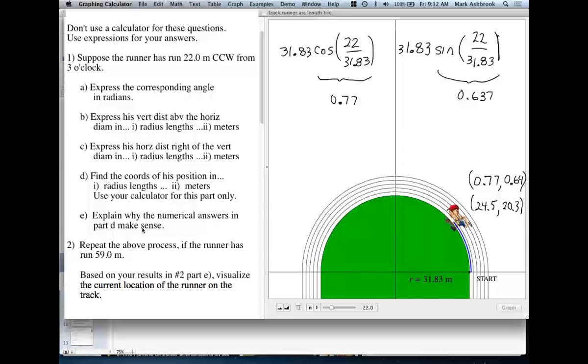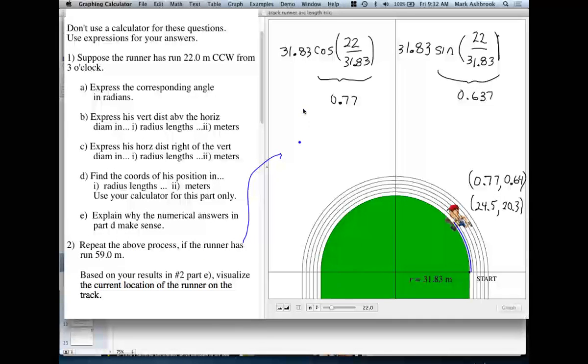Okay, Colin. How about his coordinates in radius lengths if he ran 59 meters? In radius lengths. And what is theta? Cosine of what? 22 over 59.